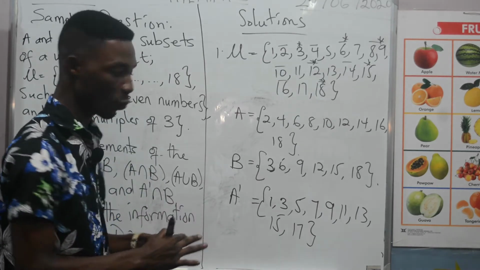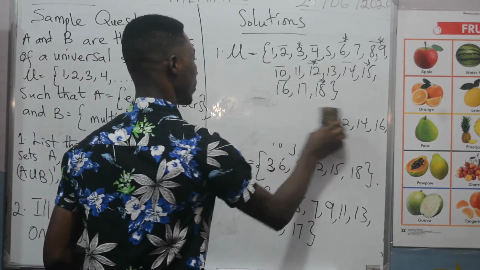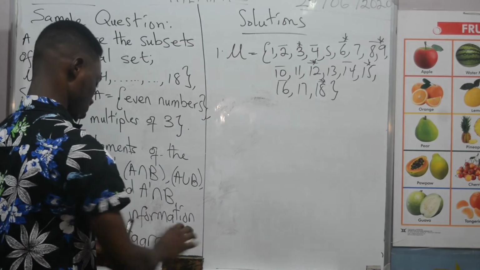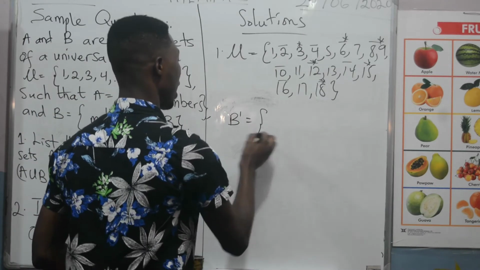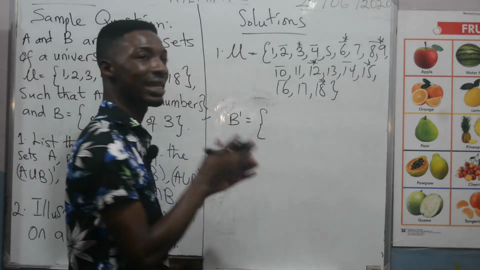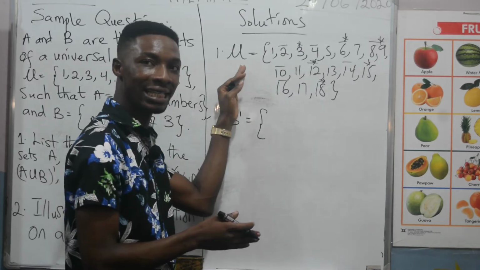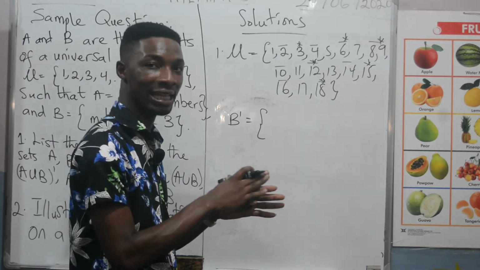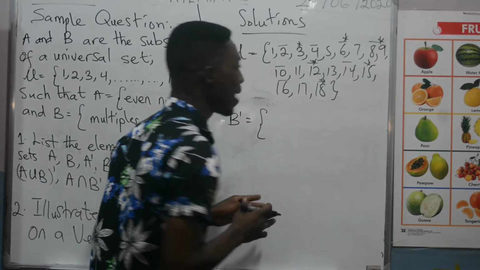Now let's move on with the other set, B complement. As we did for A complement, B complement is going to be the set of elements that can be found in the mother set but cannot be found in B. So which elements can be found in the mother set but not in B?